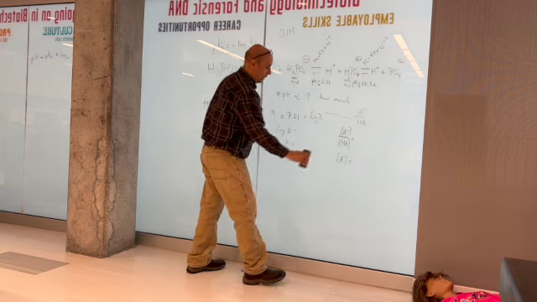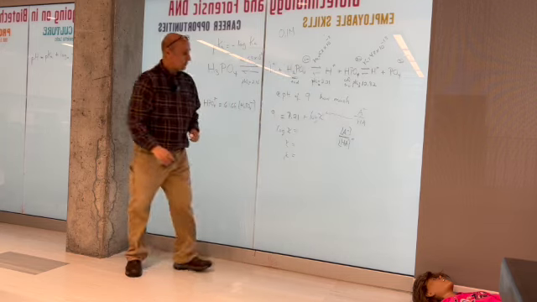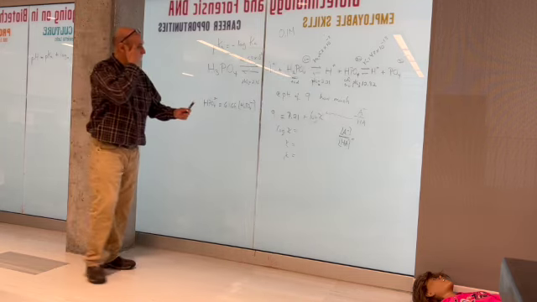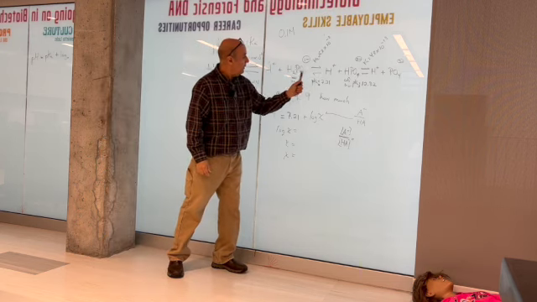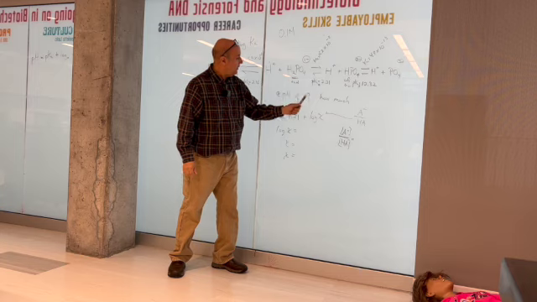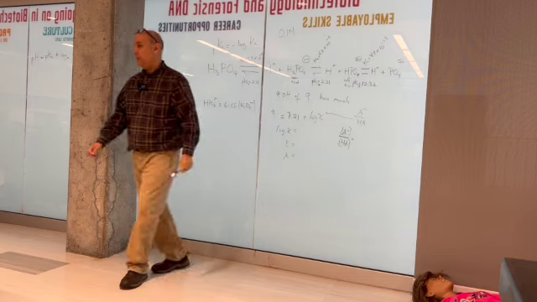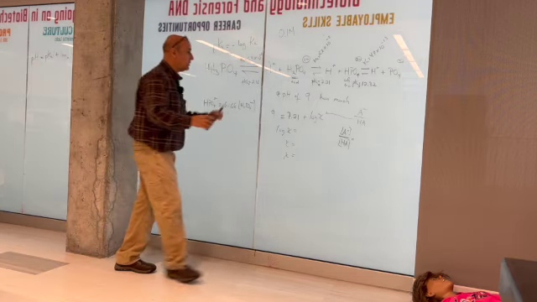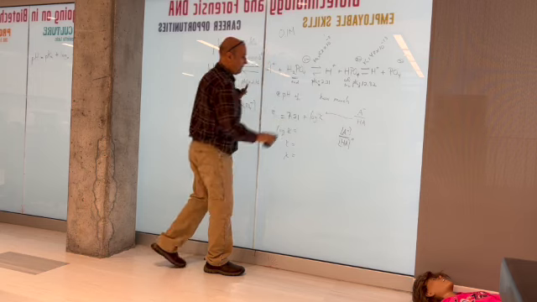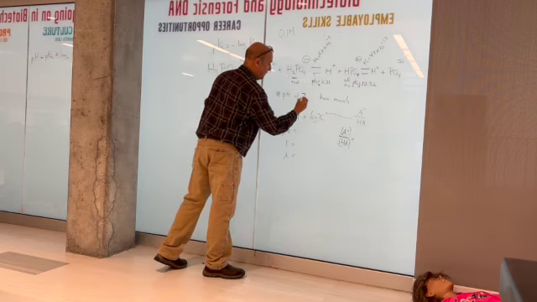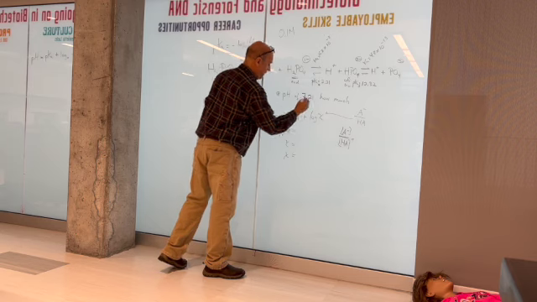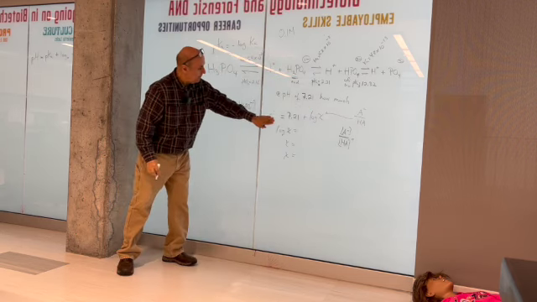Now, we're going to pretend that we want to know how much of either of those two we have at a pH of 7.21. So now the pH equals the pKa. Okay?